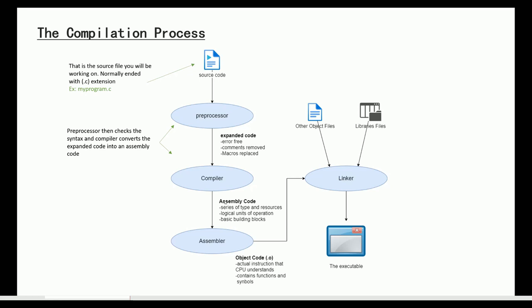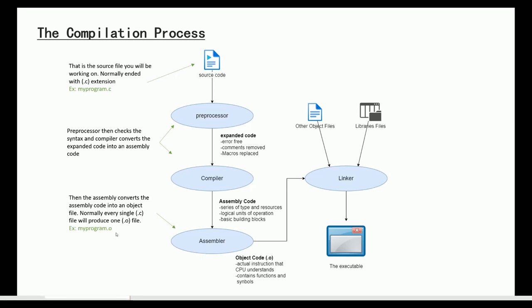And then the compiler also has an assembler, which converts your assembly code into the actual machine code. The machine code is sometimes referred to as object code or an object file, and normally it has a .o extension, for example, myprogram.o.